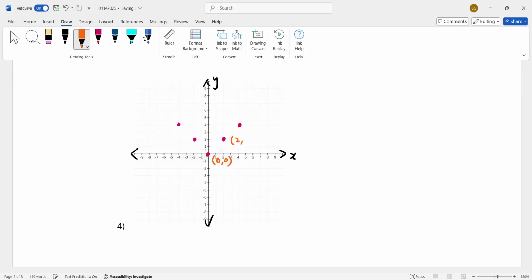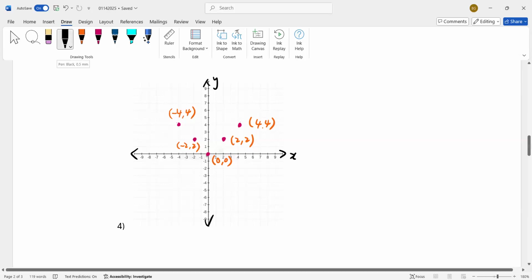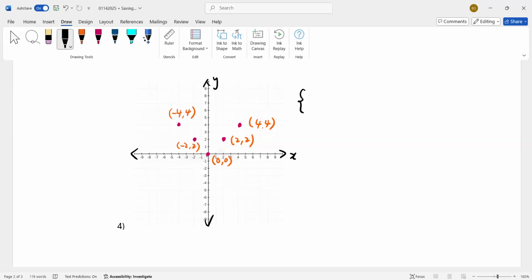And this one seems like 2, 2. This one is 4, 4. And this point is -2, 2. This one is -4, 4. So the graph, which consists of 5 points, can be written as a set of ordered number pairs. We have -4, 4.